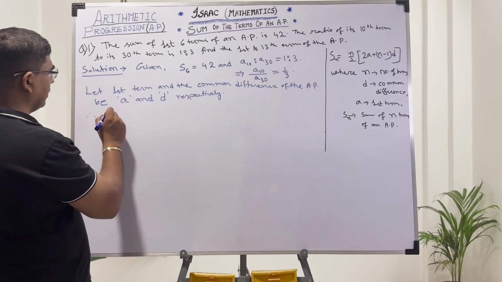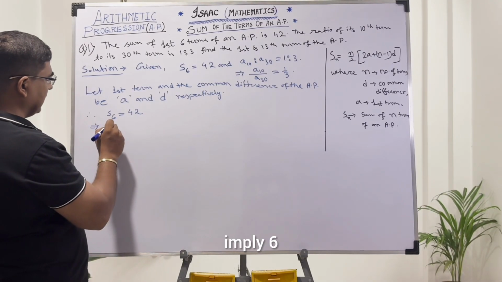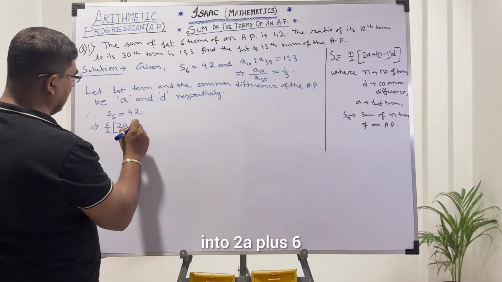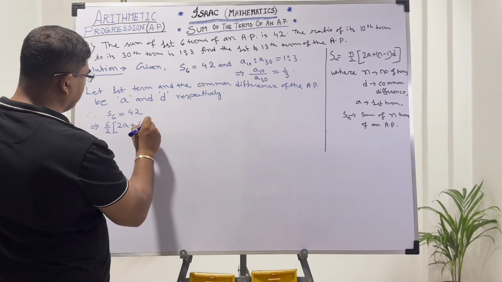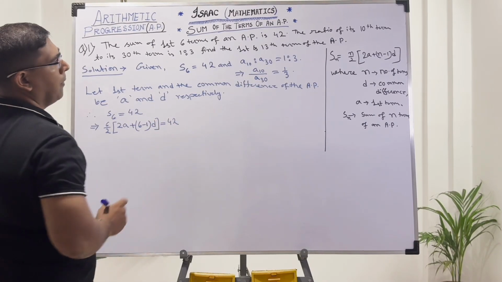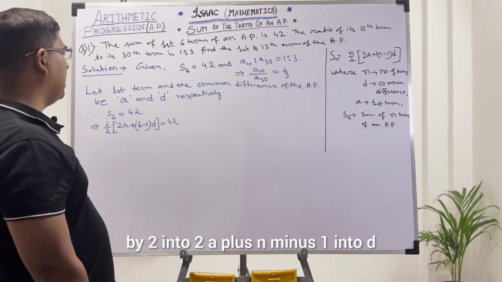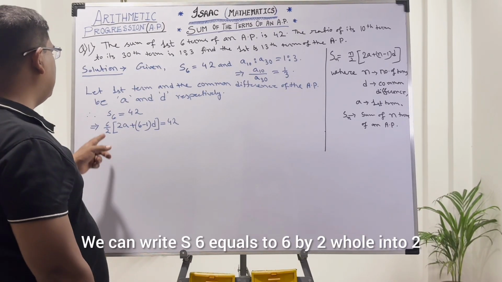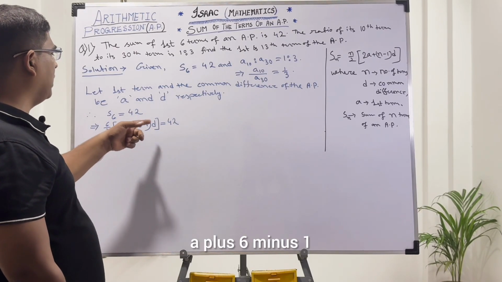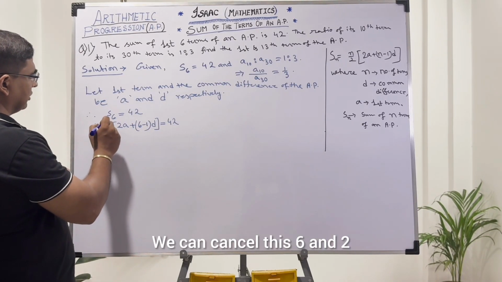Therefore, S6 equals 42 implies 6 by 2 into 2A plus 6 minus 1 into D equals 42, by following the formula Sn equals n by 2 into 2A plus n minus 1 into D. We can write S6 equals 6 by 2 into 2A plus 6 minus 1 into D equals 42. We can cancel these 6 and 2.